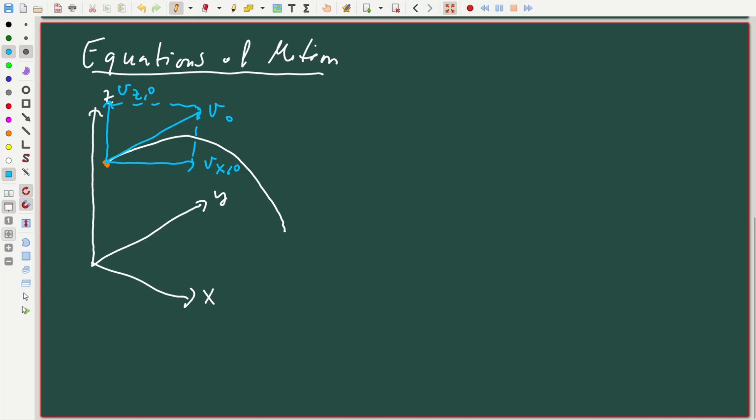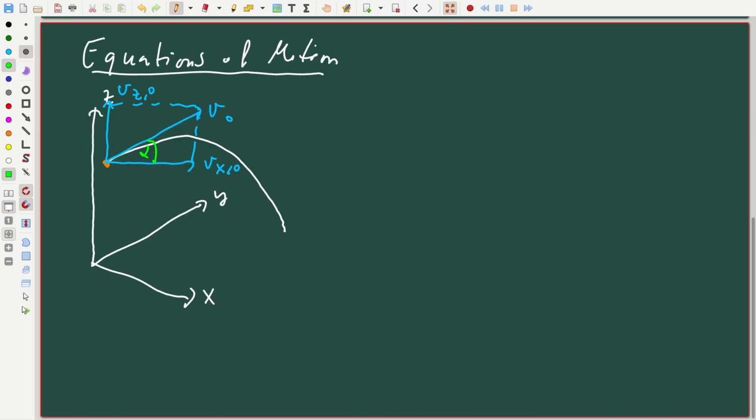And if we add these vectors up, at the end we get our total velocity v0. And then we also have to define an angle alpha, which, for example, could be here. This is the angle between v0 and vx0, which means the angle between the trajectory in the beginning and ground level. So this is the angle under which we throw that object.